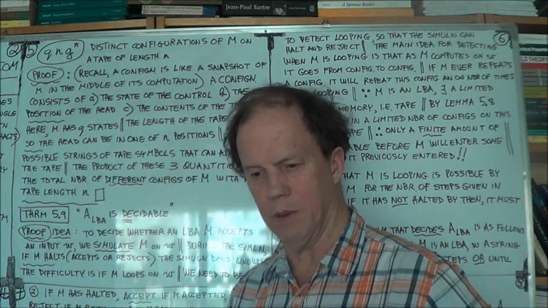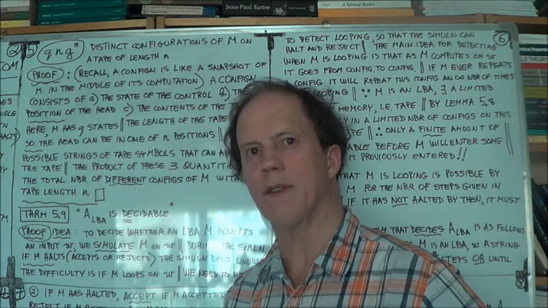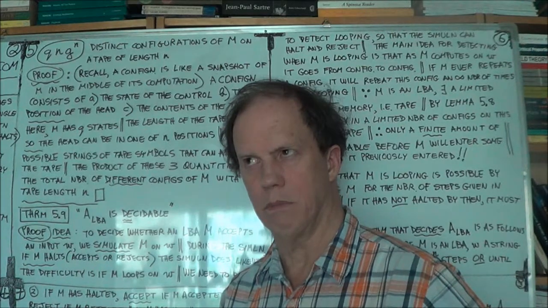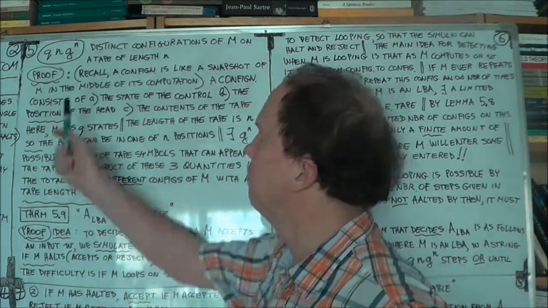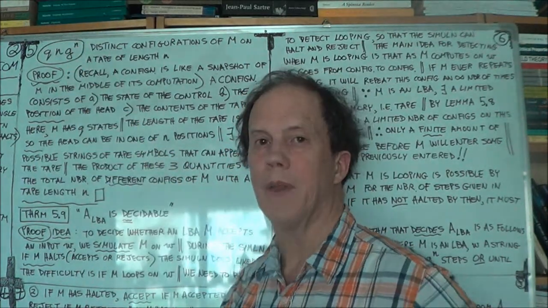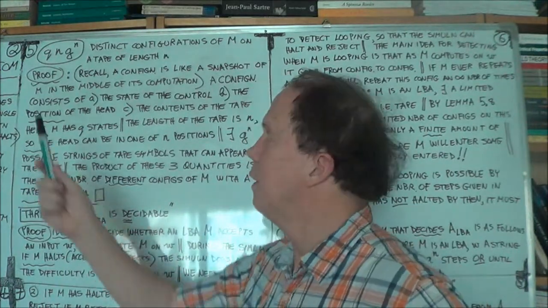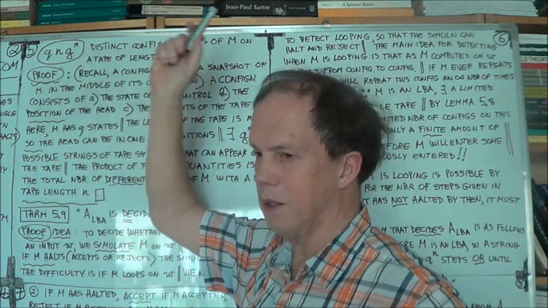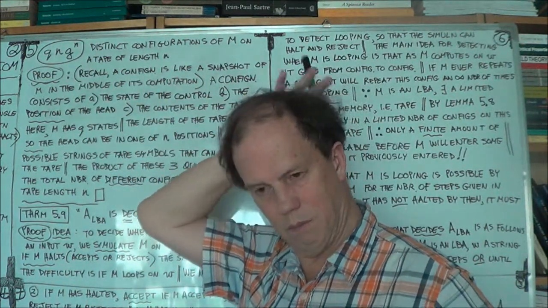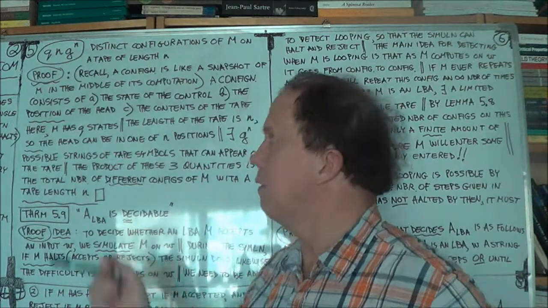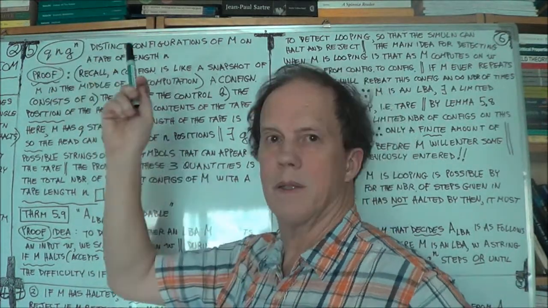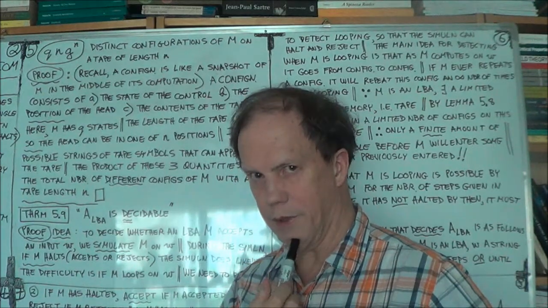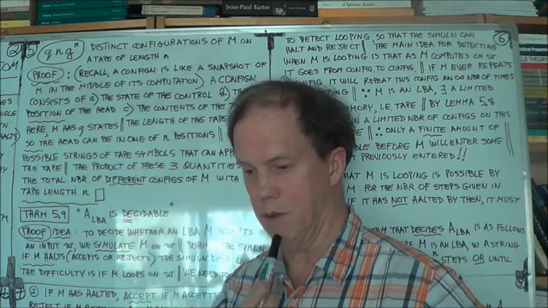So the possible number of different strings you can have of length n will be g to the n. Okay? So you multiply all those three numbers, q different states, n different head positions, and g to the n different strings, and that product of the three, that will be the maximum number of different configurations you can have.